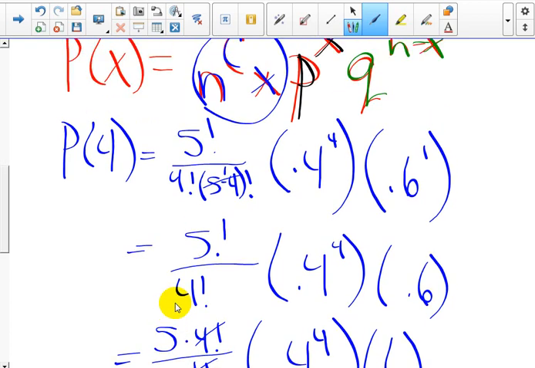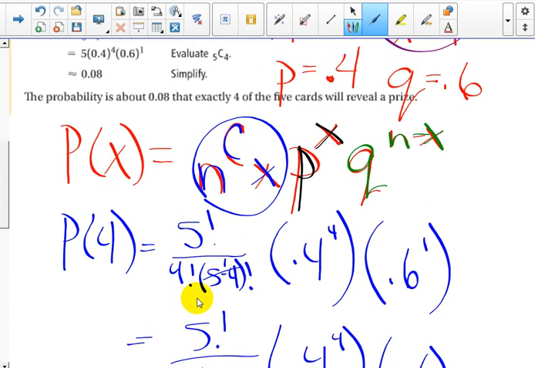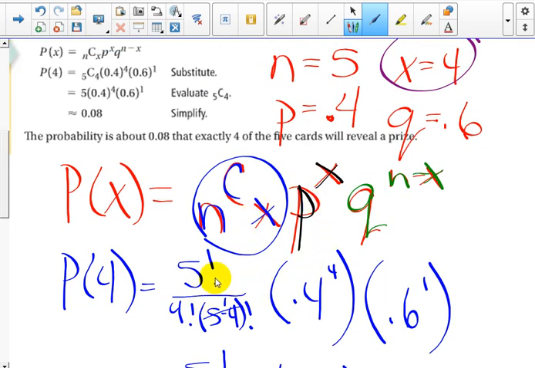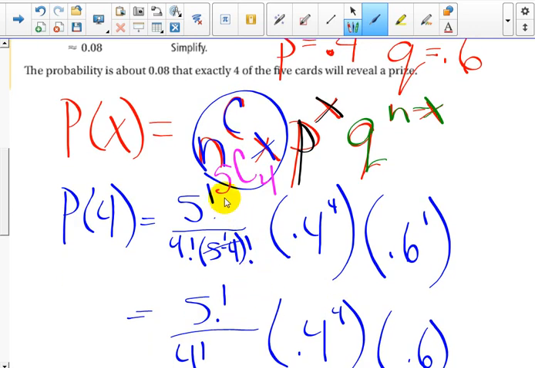So if you would have plugged that in, our n is 5, and x is 4, so 5C4. Enter, it is 5. So you could have done that as well and just put in 5.